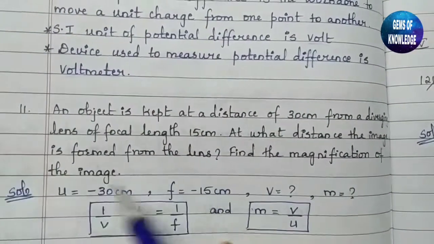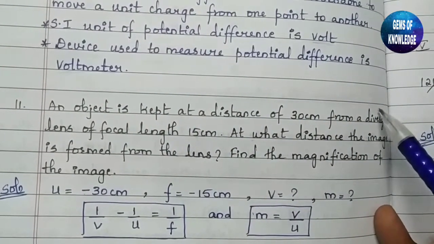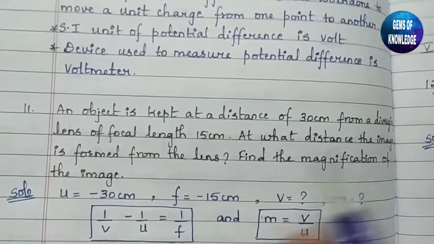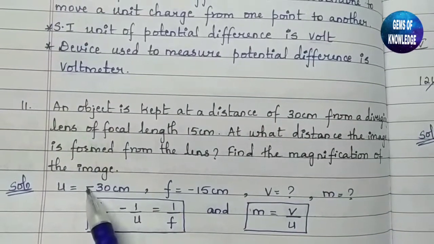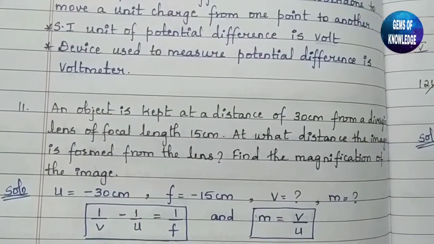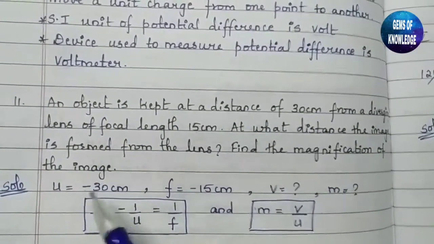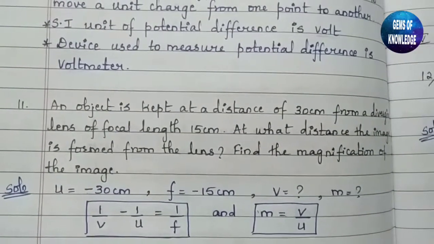Why have we taken the minus sign here? It is because this is a diverging lens. Whenever the lens is diverging, the image distance, focal length as well as the object distance, all three quantities will be negative. You need to remember this.